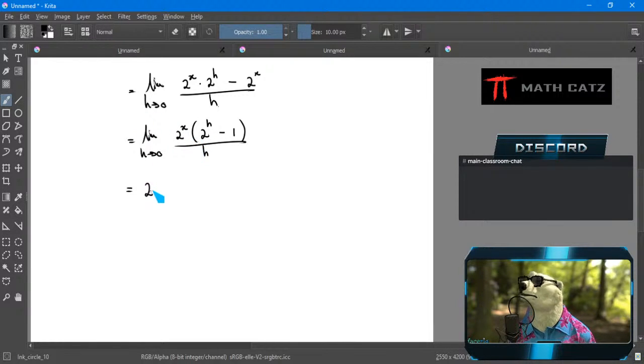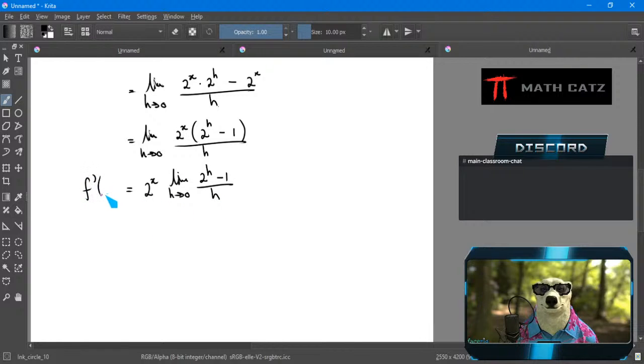I can leave it in front and it doesn't actually change the behavior of the limit because it doesn't have any h's in it. My h's look terrible today. So there are some limit properties happening behind the scenes allowing me to do this.